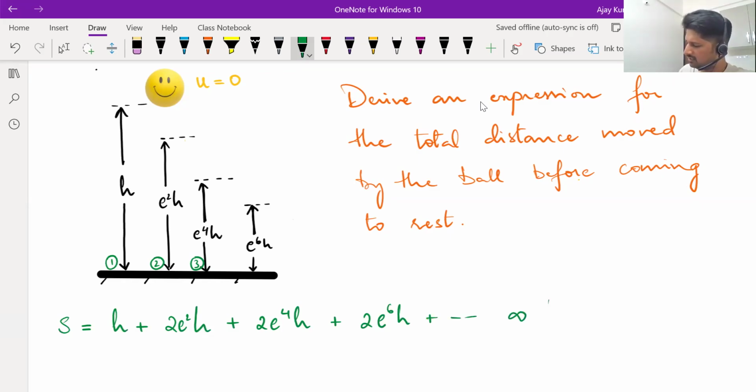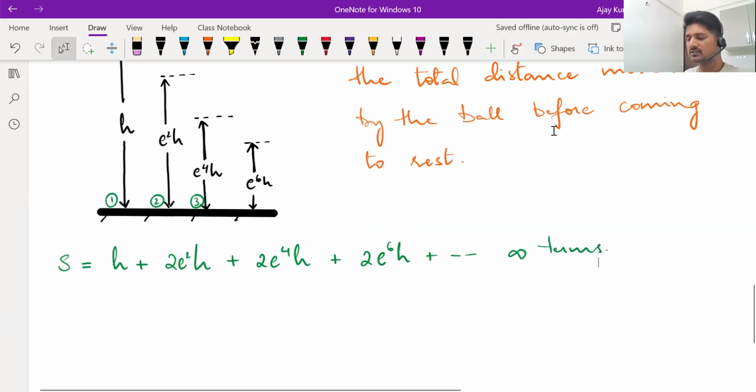You will have infinite terms like this. You have to calculate the sum of these infinite terms. Okay, so here you will have to use your knowledge of progressions, sequences and series you must have learned. Can any of you identify or point out a series in this, a progression in this?